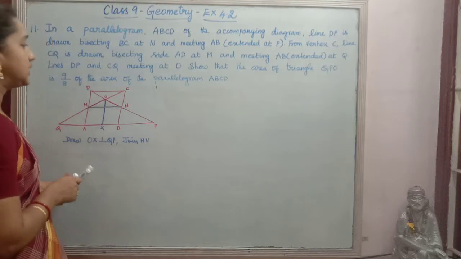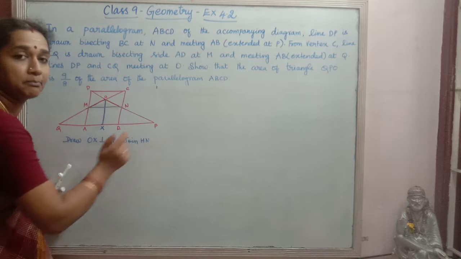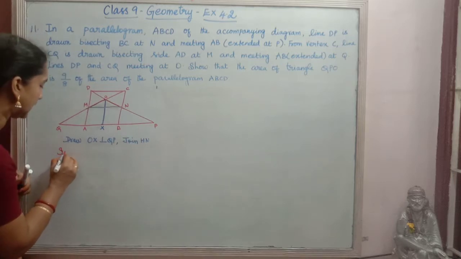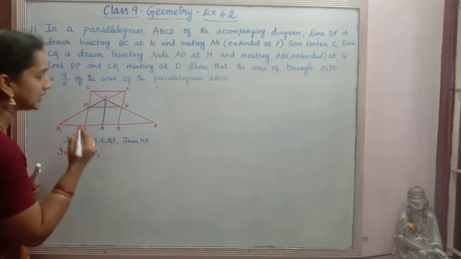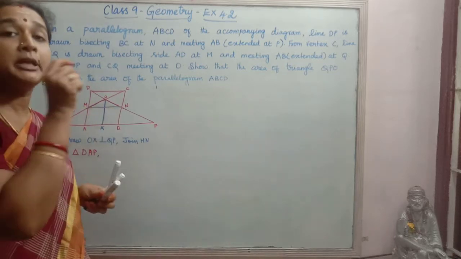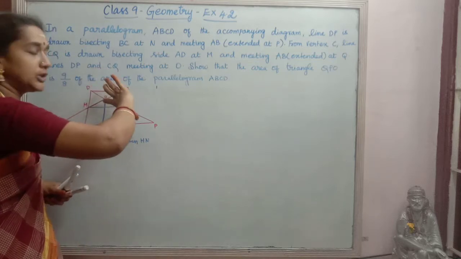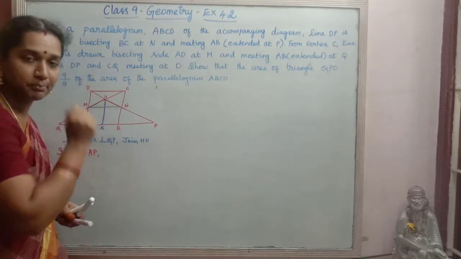Then first we will take triangle DAP. In triangle DAP, M and N are the midpoints of two sides, that is, the midpoints of DA and DP.